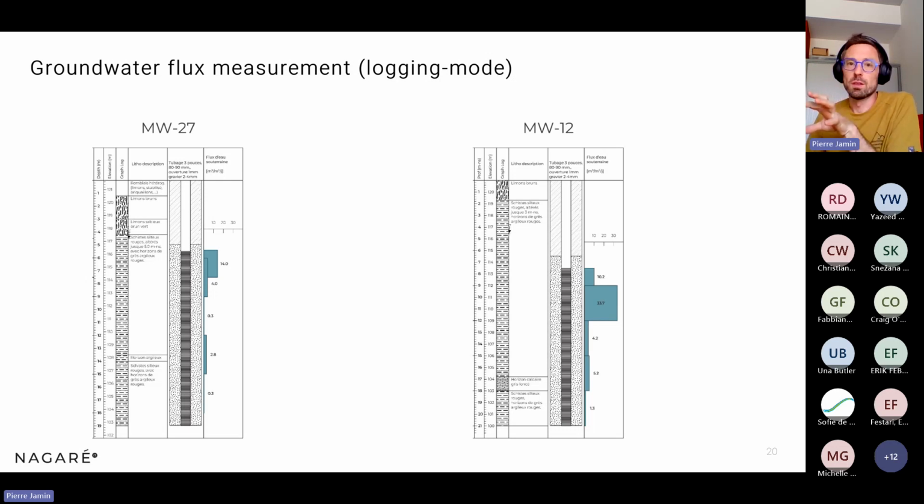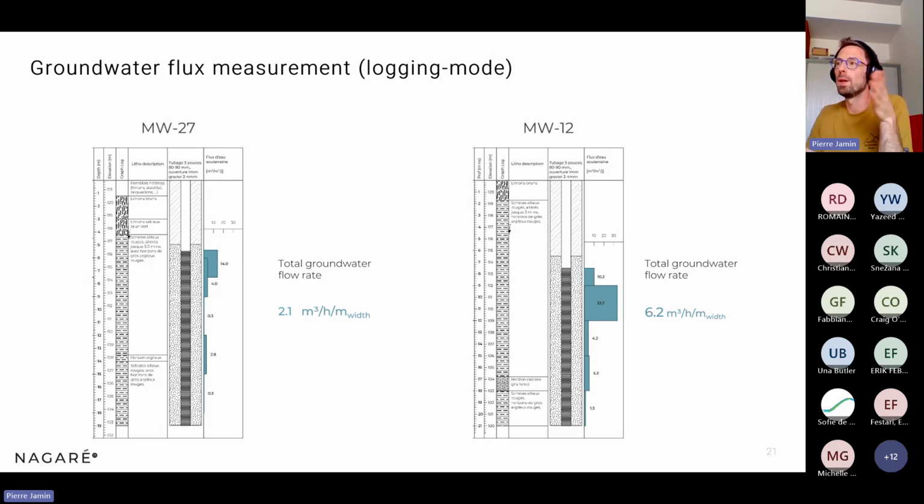So these are just fluxes. So of course it's Darcy flux expressed in meter per second. But if you consider that the flow surface has a width of 1 meter around the monitoring well where the fluxes are measured, we could say that in the monitoring well 27, the one in the southeast, there are actually 2.1 cubic meter per hour passing through this well, and on the northern monitoring well, it was around 6 cubic meter an hour.